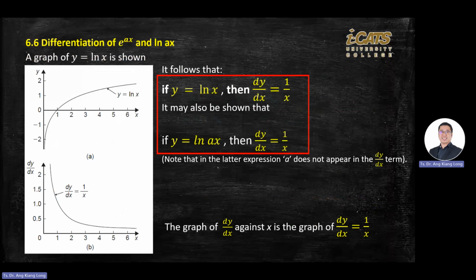Okay, so ln ax is a bit of a special case. Put an extra mark there, so we do not carry the constant value. So for example, if you have y equals ln 4x, you do dy/dx, you still get 1 over x.